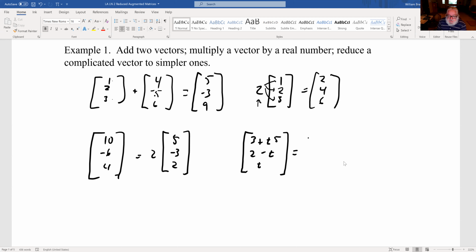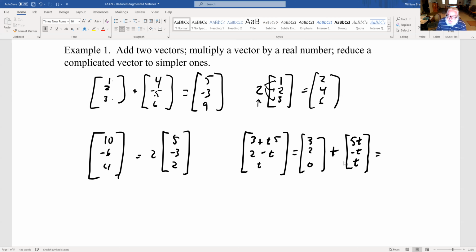So you can split that into a part that's got 3, 2, 0 plus a part with 5 times t, minus t, t. And then you can factor out the t to get 3, 2, 0 plus t times 5, minus 1, 1.